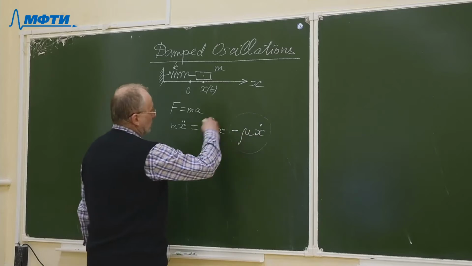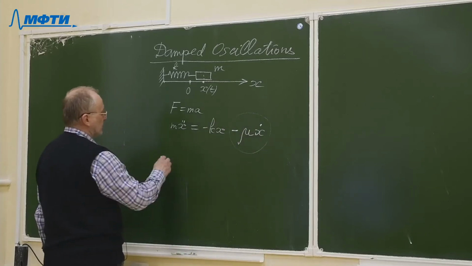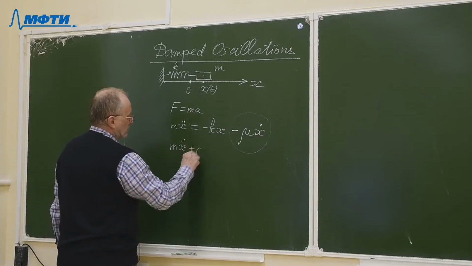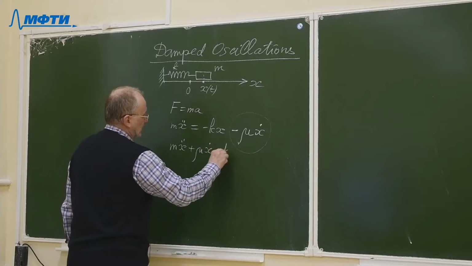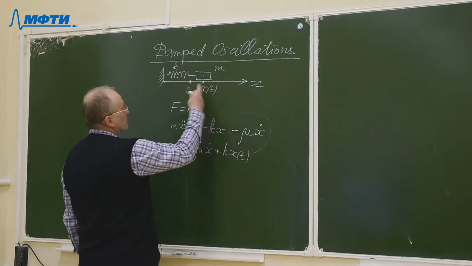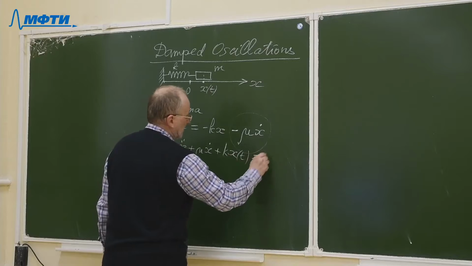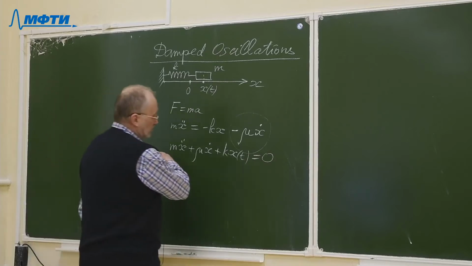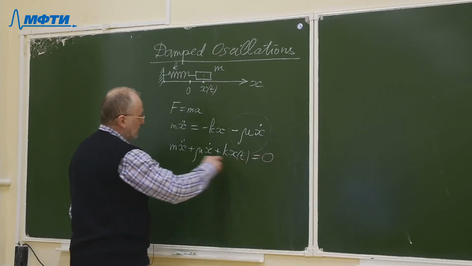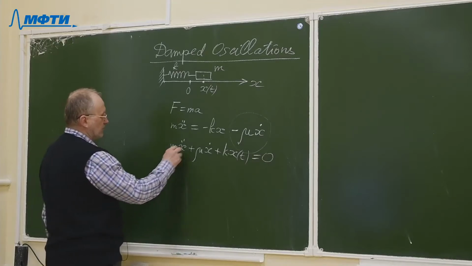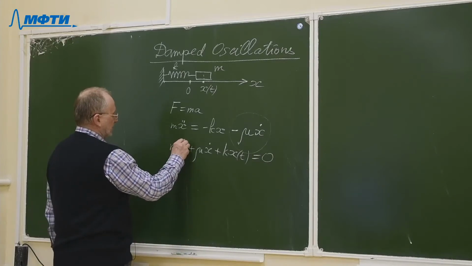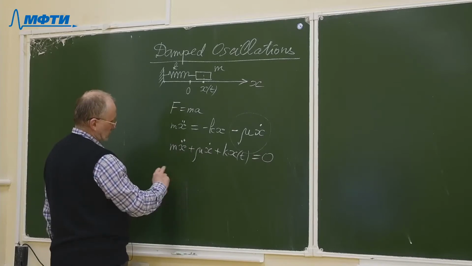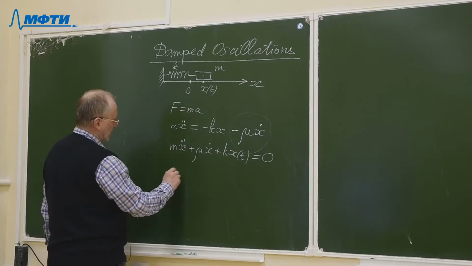Okay, we will take all these terms to the left-hand side, and we obtain m x double dot plus mu x dot plus kx. X is a function of time, certainly, because this is the current coordinate, and all this is equal to 0. And as we did before, we will divide this equation by m, by the first coefficient, so that the highest derivative will have coefficient 1, a unit coefficient.